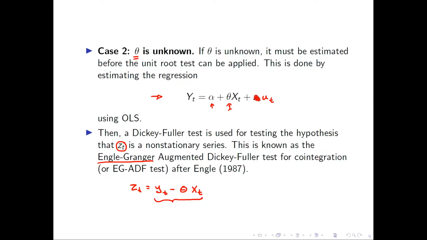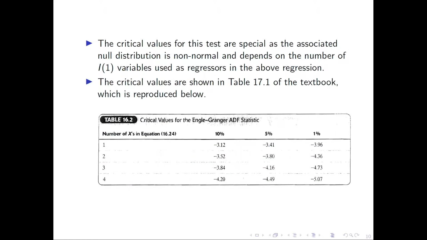One matter of importance is that since this theta is estimated, we are not entirely certain of its value. And this is causing us to need different critical values for the Engle-Granger ADF statistic compared to the ordinary ADF statistic test.